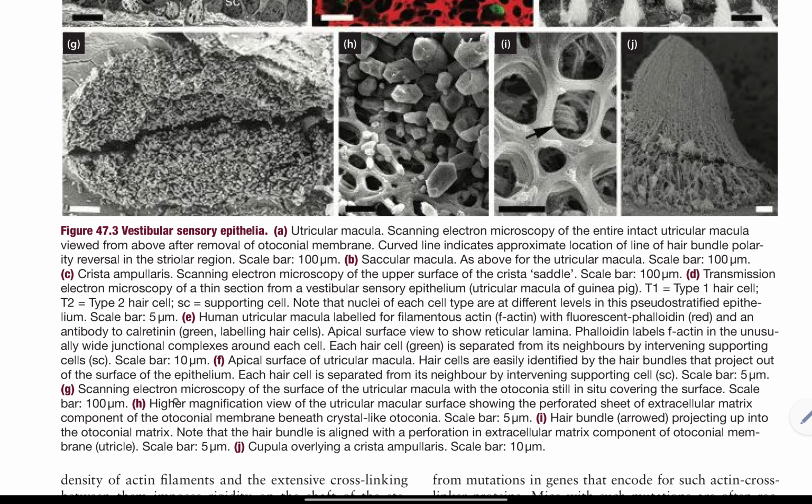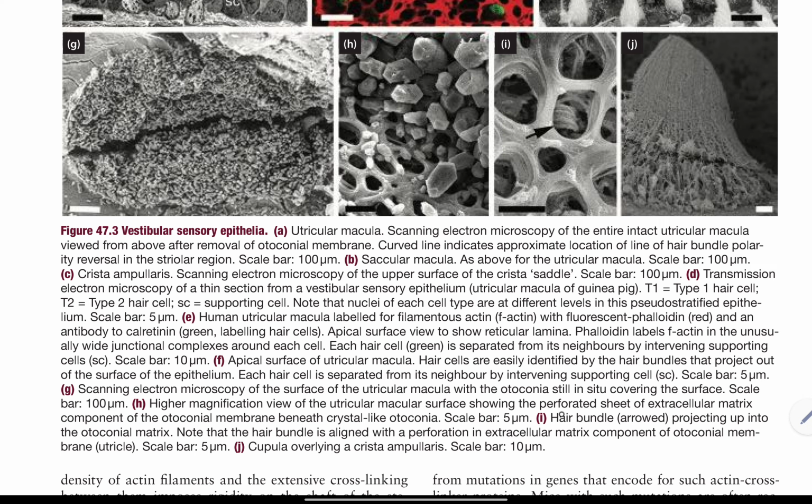G is the scanning electron microscopy of the surface of the utricular macula with the otoconia still in situ covering the surface. Scale bar 100 μm. H is a higher magnification view of the utricular macular surface showing the perforated sheet of extracellular matrix component of the otoconial membrane beneath crystal-like otoconia.